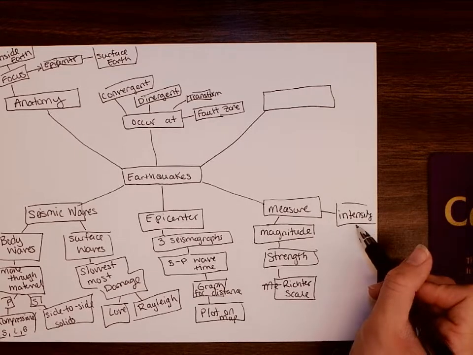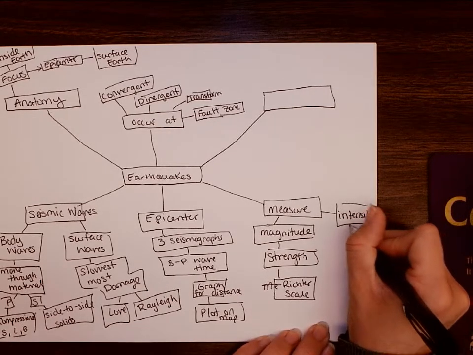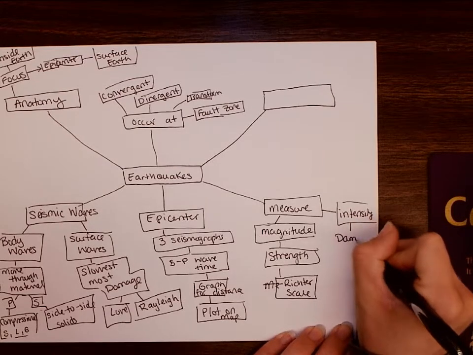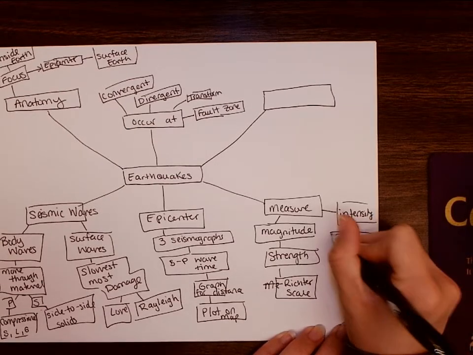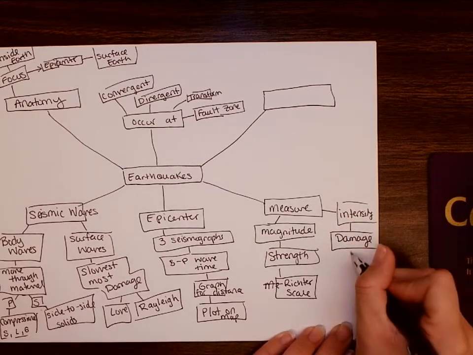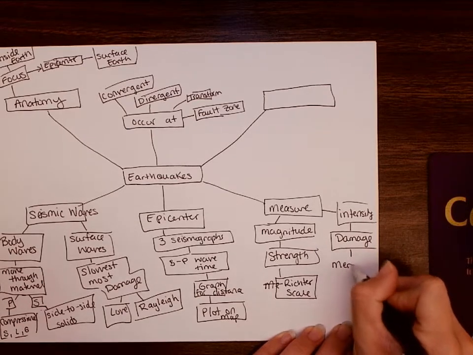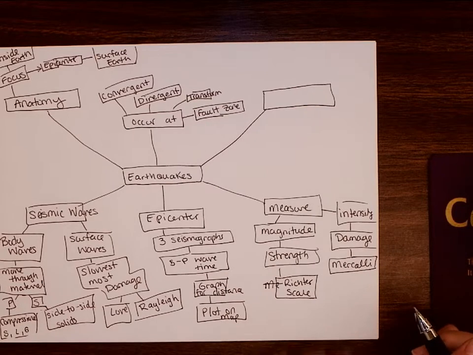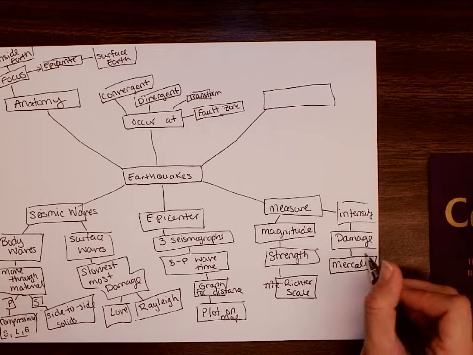With our intensity, this is going to measure the amount of damage caused by an earthquake. And this is where we're going to use the Mercalli scale. And basically it's going to be rated 1 through 12 on how much damage is going to be caused.